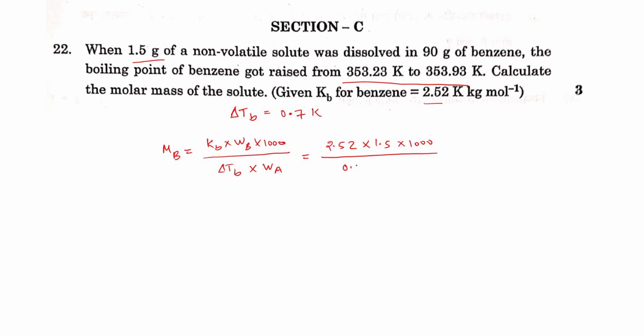We just determined it, it is 0.7. WA is given 90 gram. So basically when we solve this one, the value that we get is 3780 by 63.